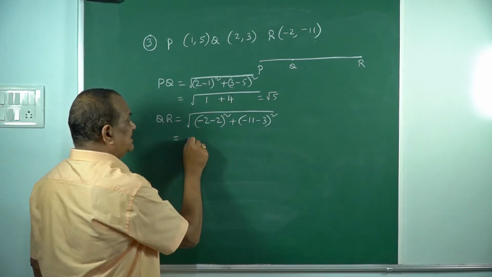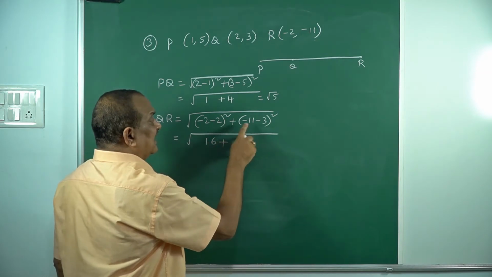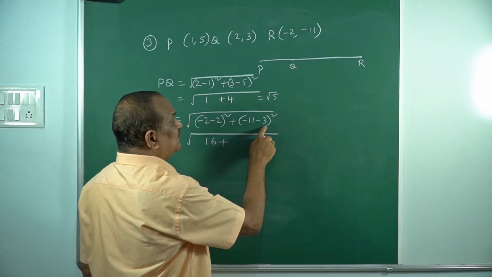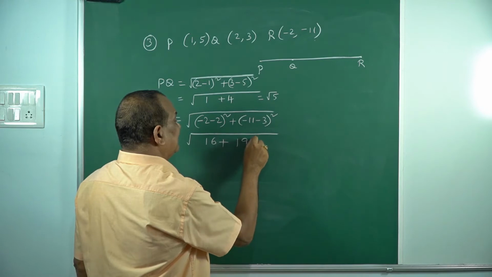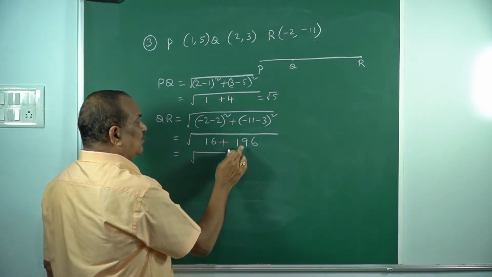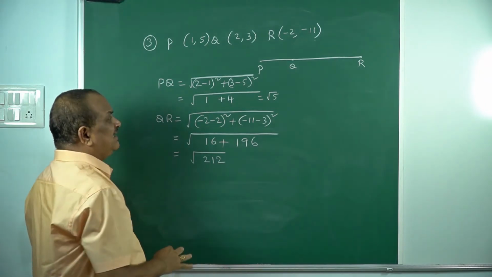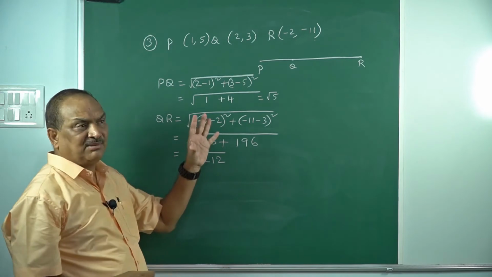And how do we simplify this one? This is minus 4 squared, 16, and this is minus 14. Minus 14 squared is 196. Now this is 212. Just leave it like this for the time being. Don't bother much about it.